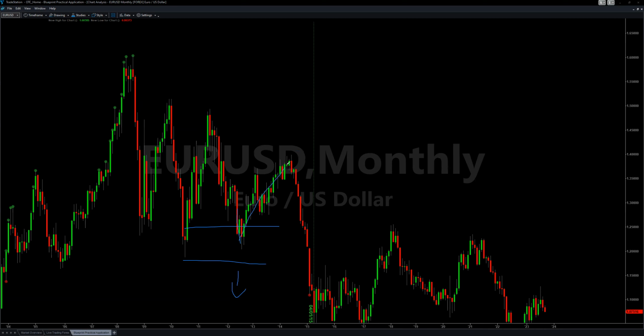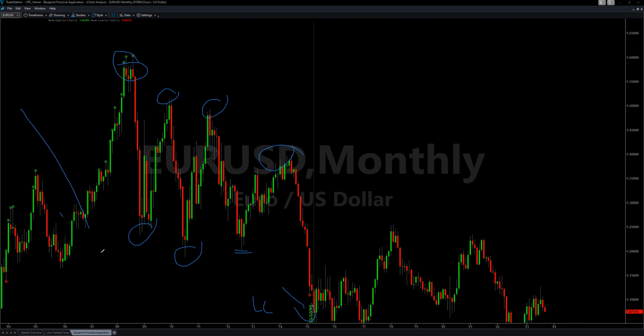We get first a reaction to the upside, and then more weakness. Here it is a clear downtrend: high, low, lower high, lower low, lower high, not a lower low, lower high, lower low. Okay, this is a clear downtrend.